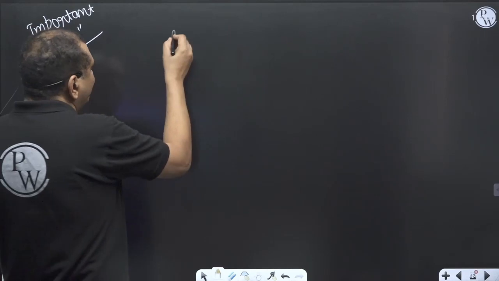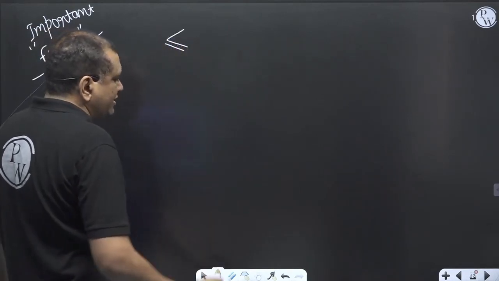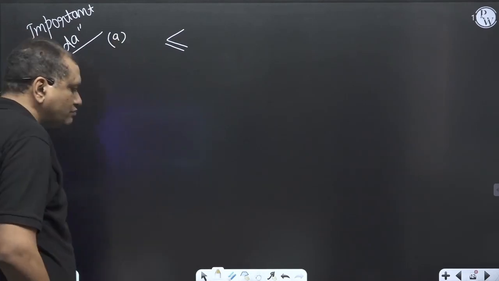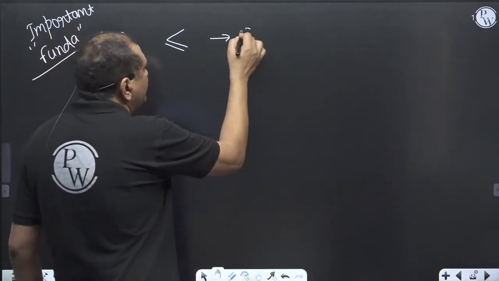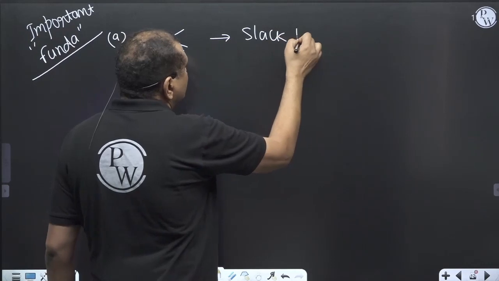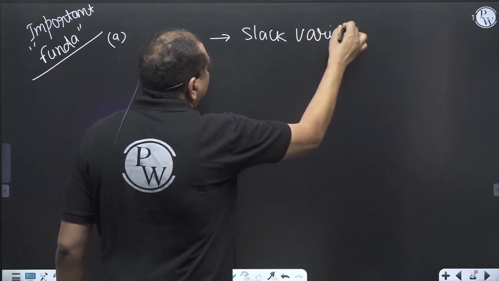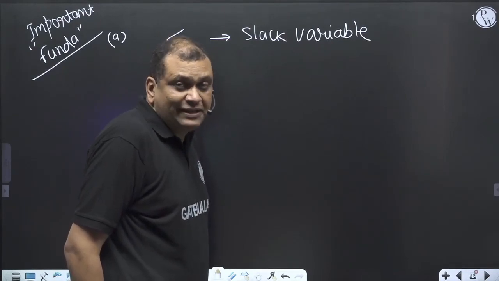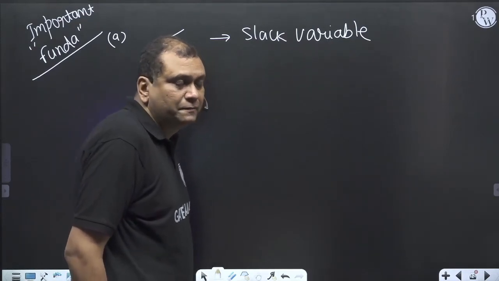In the constraint, whenever there is a less than or equal sign, I am using a slack variable while solving the simplex procedure.